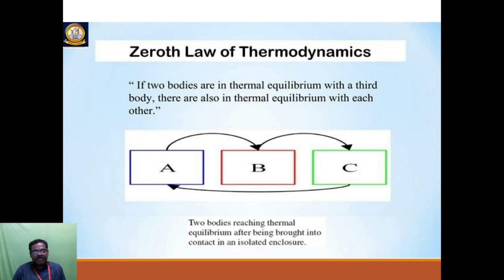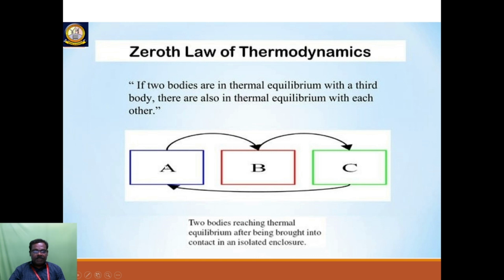Then we will see the laws of thermodynamics. You have the zeroth law, the first law, and the second law of thermodynamics. The zeroth law considers only the equilibrium state. Consider A, B, C: A is a system, B is another system, and C is a third system.